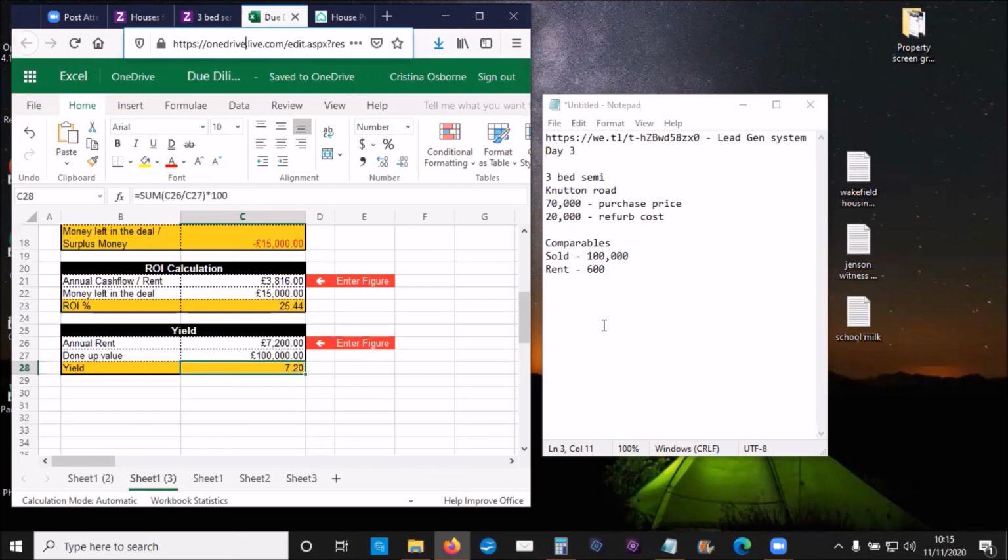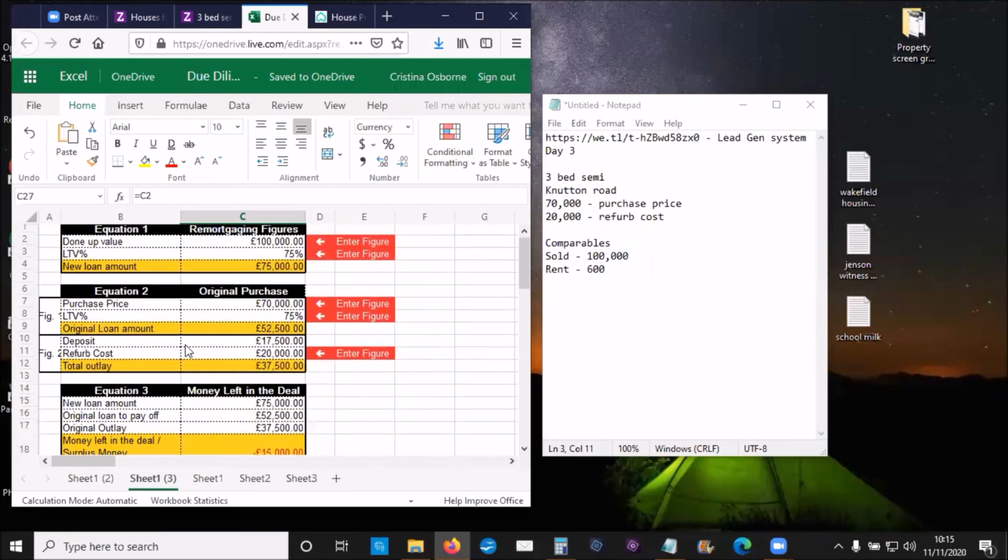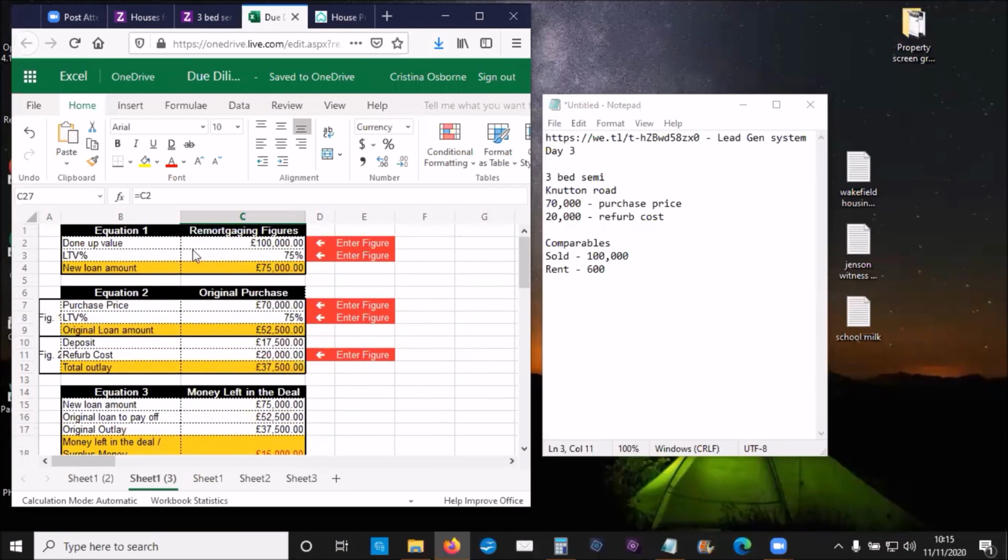Okay, Yen says roll 27 to done up valuation. Yes, you can use the equals formula on Excel, or you can just type in the done up valuation. I like to use the equals formula because then I don't need to type it twice and make mistakes.